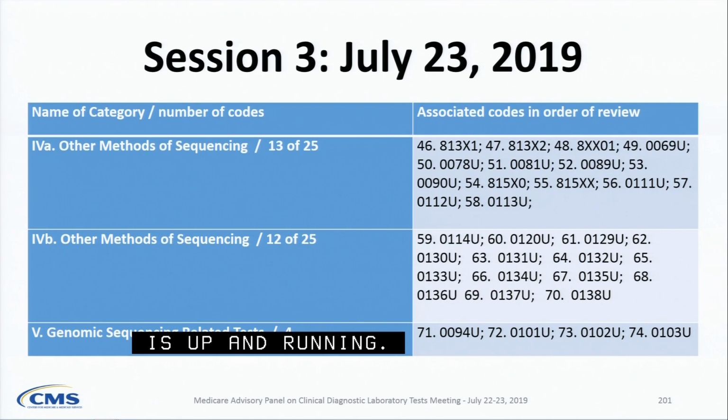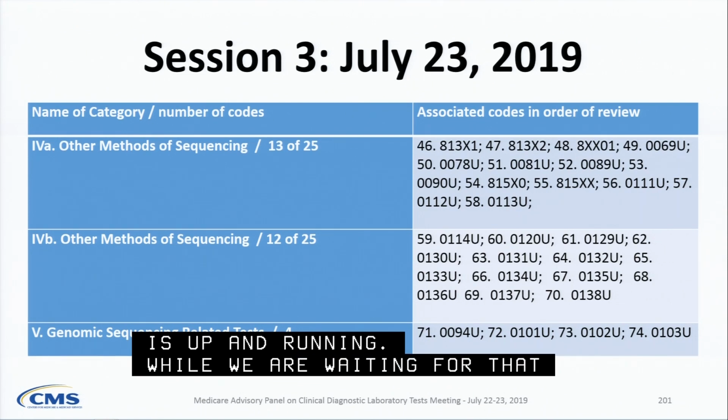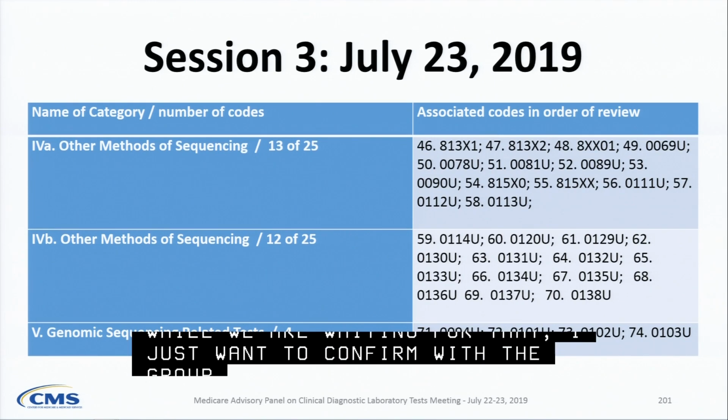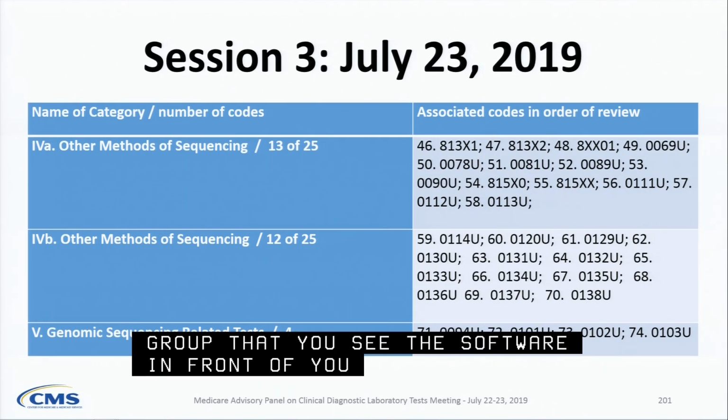While we're waiting, let me confirm with the whole group that you all see the polling software in front of you. You should see 813X1 on your screen. Thank you.